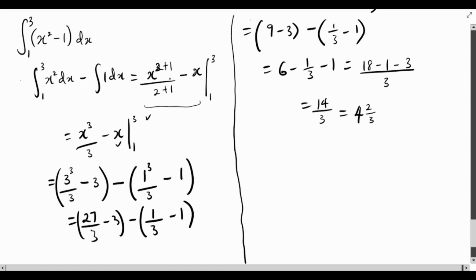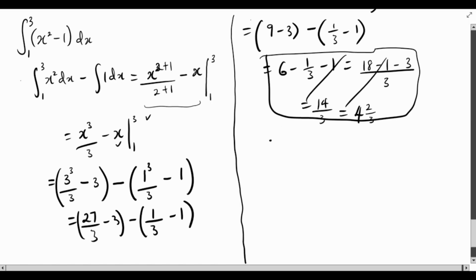Oh, we're wrong. So I made a mistake from this part down. Let's check it again. Let's work on them separately before we bring them together. So 9 minus 3 is 6, right? Six minus, let's work on this bracket: 1 over 3 minus 1, denominator is 3. That will be 1 minus 3, so it's 6 minus negative 2 over 3.